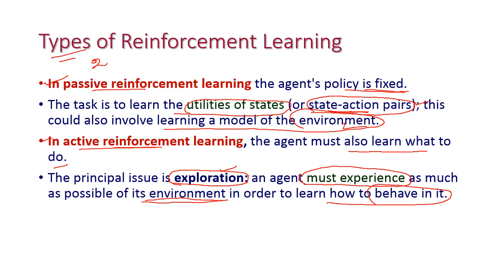So it will select actions in a sequential manner to reach the goal, and at the first time reaching the goal is of course impossible. So by experience only it will learn how to reach the goal. And these are the different types of reinforcement learning: the first is passive and the second is active.